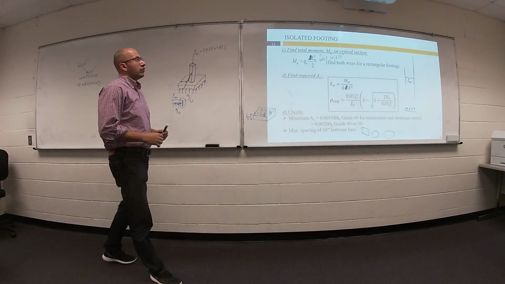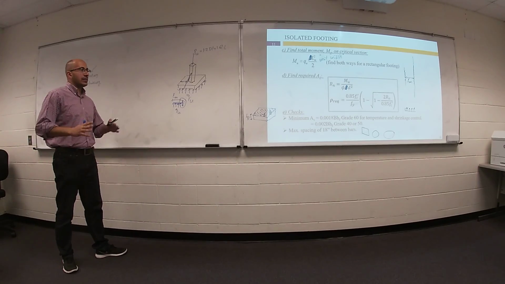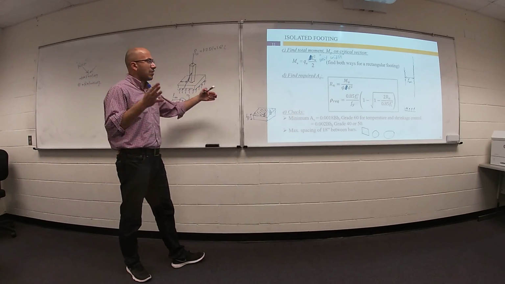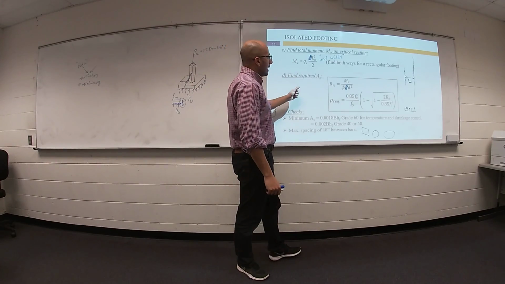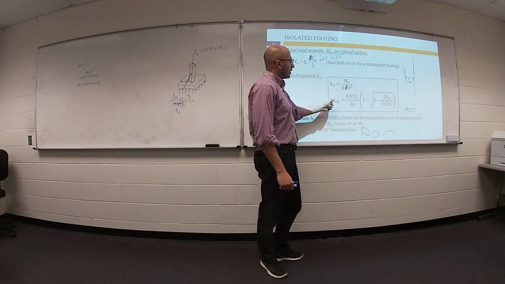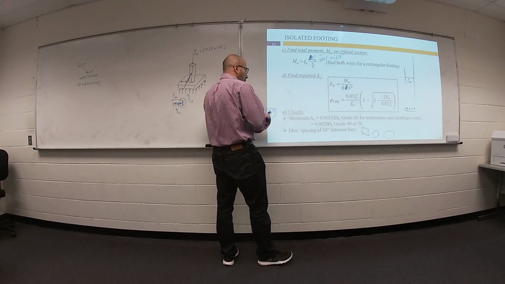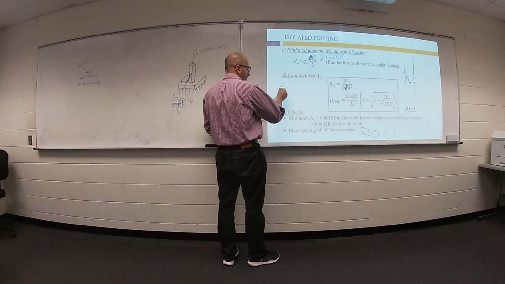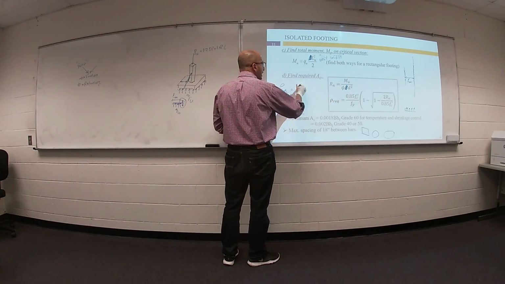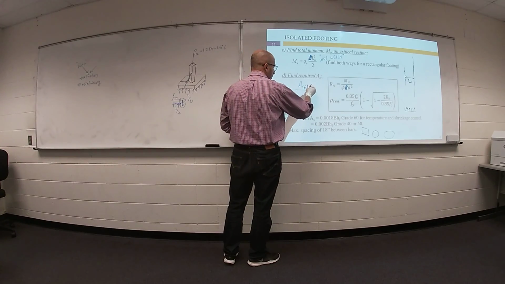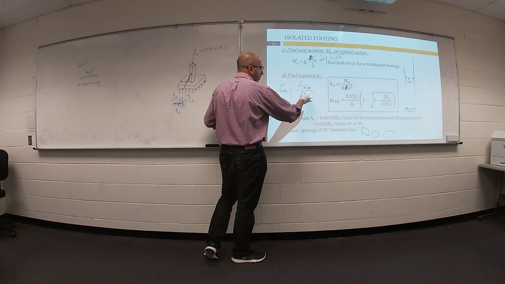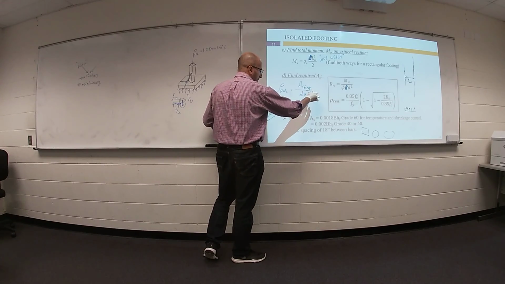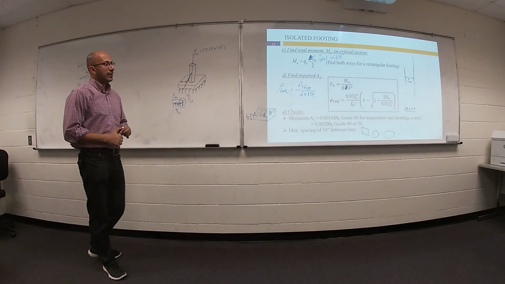So your moment for unit length, your steel reinforcement for unit length, everything is for 1 foot. Once you get your moment, go ahead and calculate the rho required, and the rho required equals area of steel required divided by your D times 1 foot, unit length.